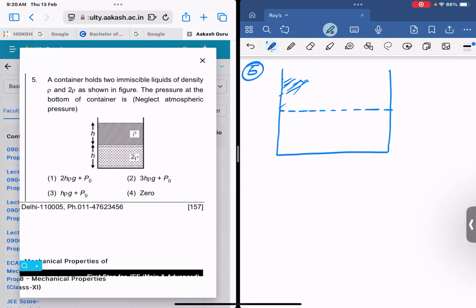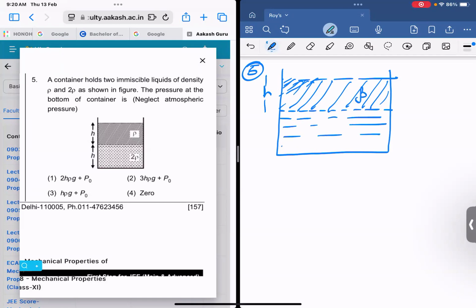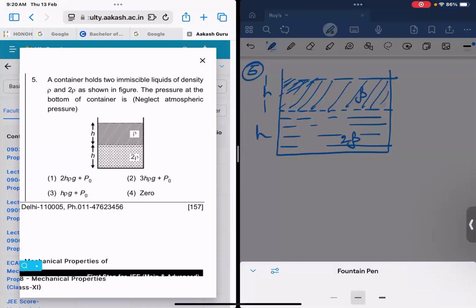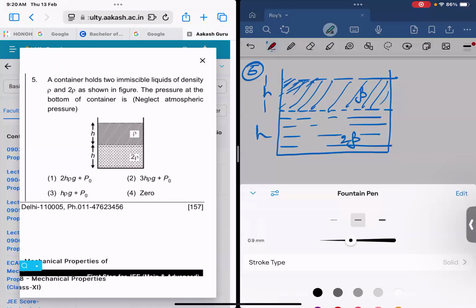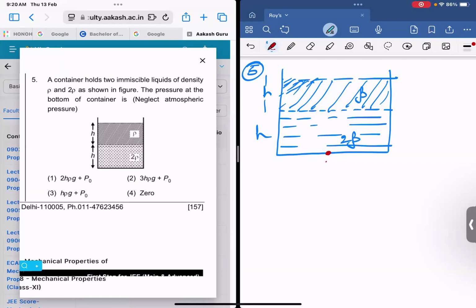Let's suppose this is one liquid with height h and density rho, and here is one more liquid, also height h, with density 2 rho. We know the formula for the pressure at the base is rho gh only. But at this point A, what is the pressure at the bottom?